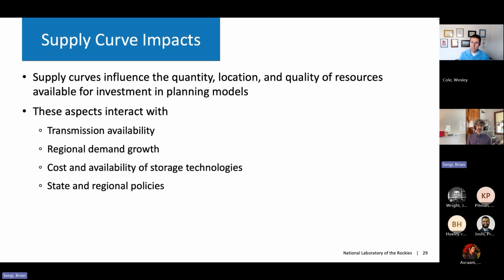So trying to understand different growth in different regions and balancing that with the available resource that you could build. All those are interacting in a model like ReEDS, but the supply curves provide a really foundational data set for making informed trade-offs for those technologies.